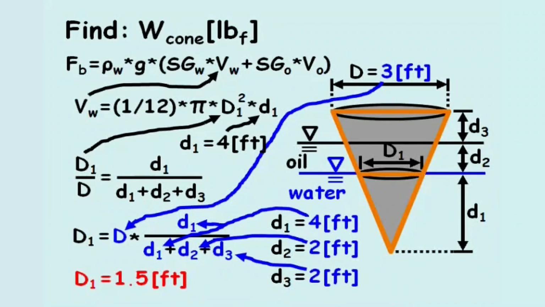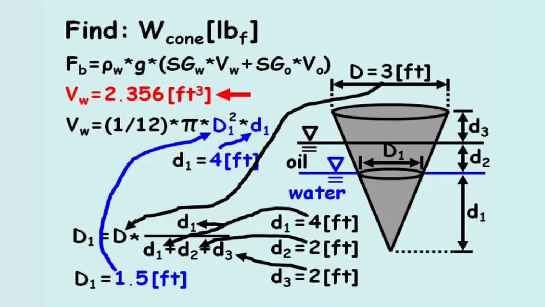Now we can solve for the volume of the cone submerged in water, which equals 2.356 feet cubed.